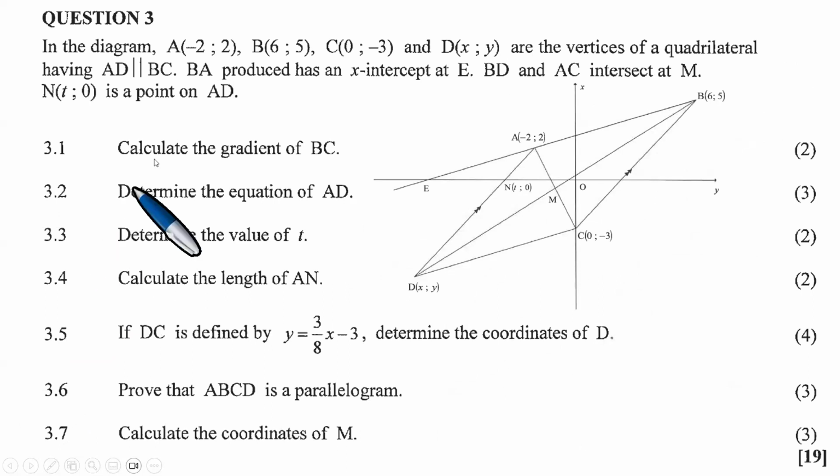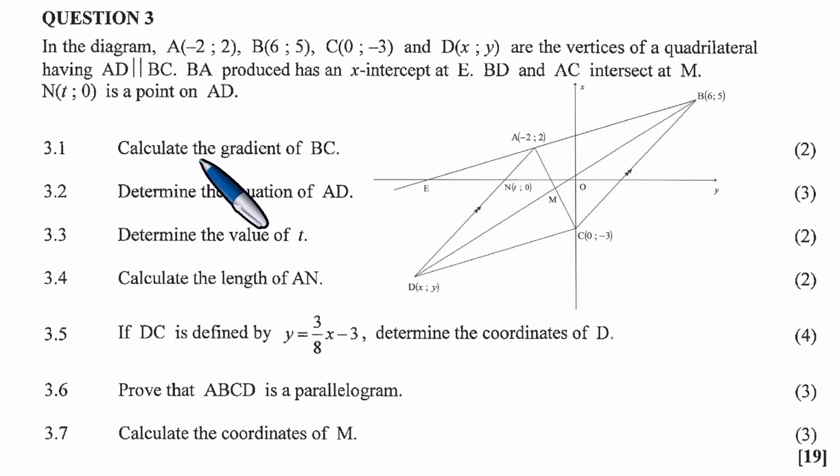I want us to look at this question very briefly. In the diagram, you have the point A with coordinates (-2, 2), B (6, 5), C (0, -3), and D (x, y) are vertices of a quadrilateral having AD parallel to BC.